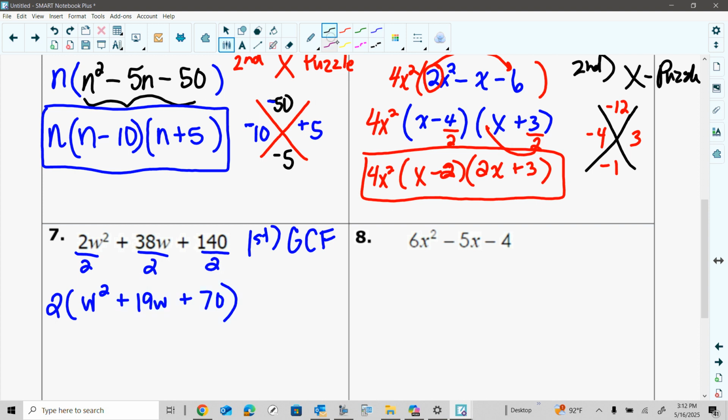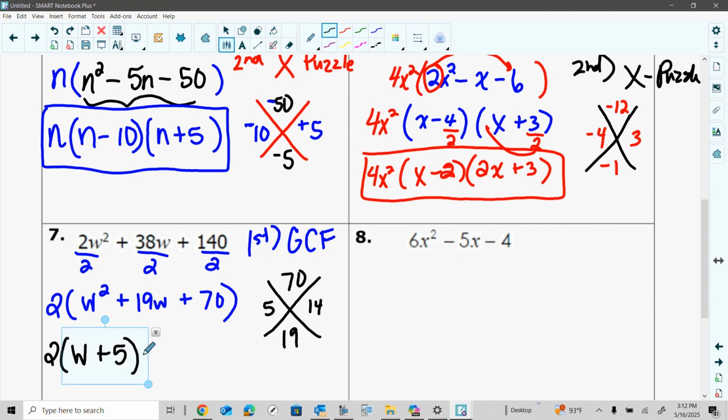Now I go to my x puzzle with the 70 and 19 and look for my factors, which would be 5 and 14. So we have w plus 5 and w plus 14.